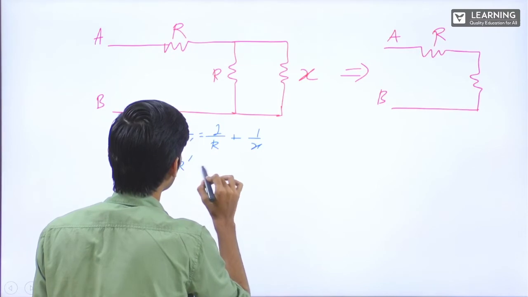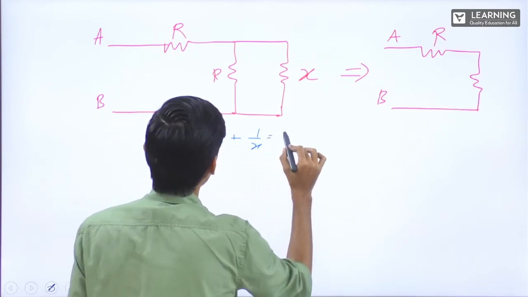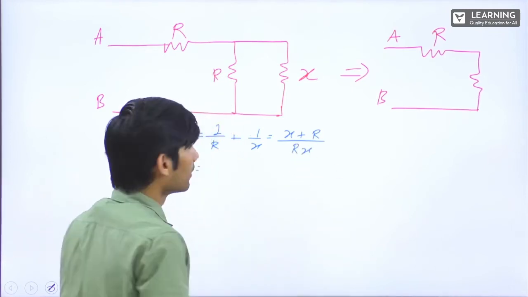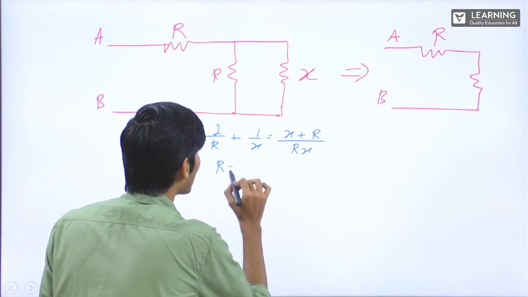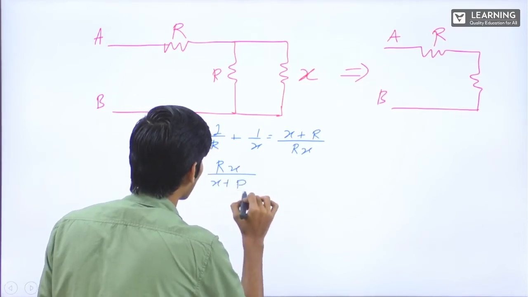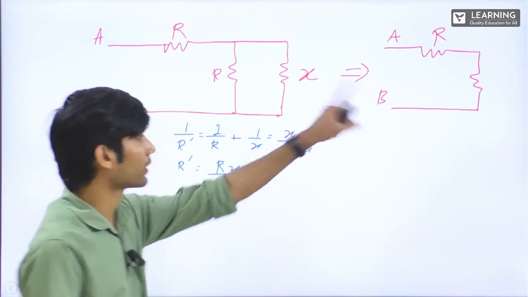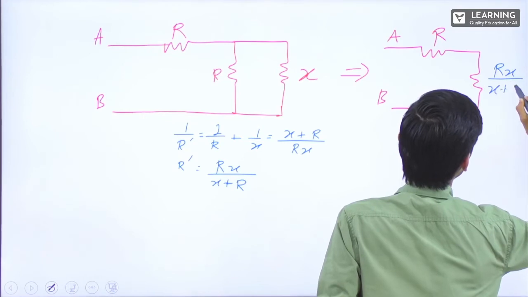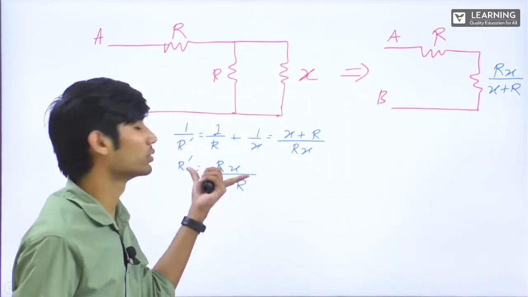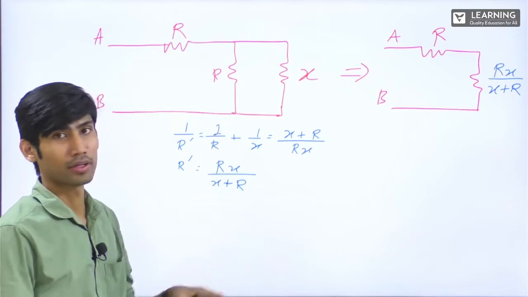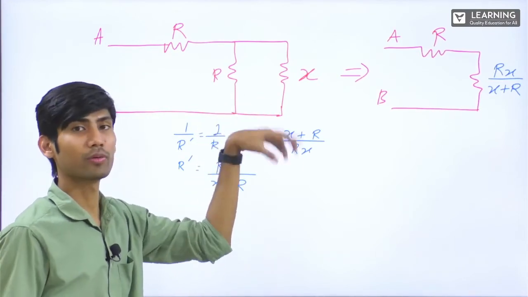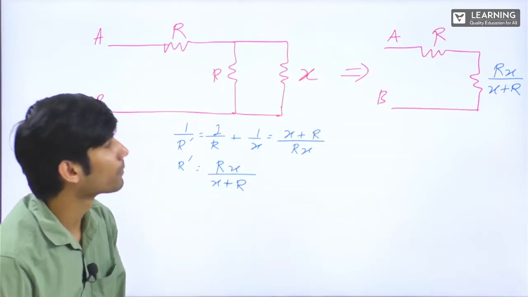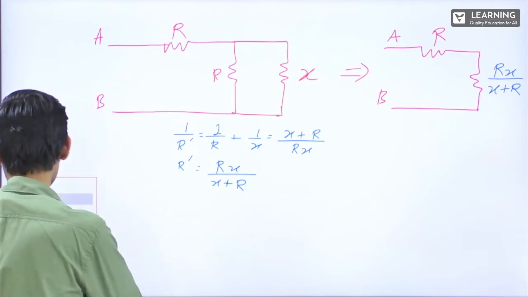So from here, R dash will be (x plus R) upon Rx, so R dash will be Rx upon x plus R. Correct? I can write it there: Rx upon x plus R. There was no need to do this. Good students will remember that if two resistances are in parallel, the equivalent resistance is the product of the resistances divided by the sum of the resistances. That's what is written: Rx upon x plus R. No need for this.